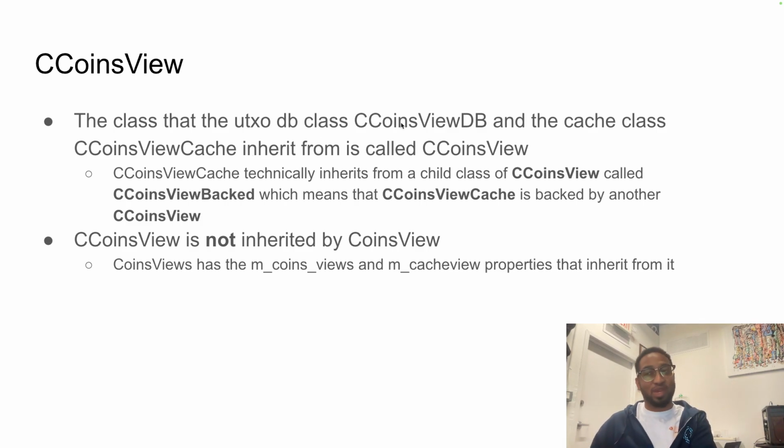In the CCoinsViewDB, you can put all the logic in there for maintaining the file on disk. So it's separation of concerns. Is CCoinsViewDB also in memory? The object is, but it's used to then actually put data onto the disk. Correct, yeah.